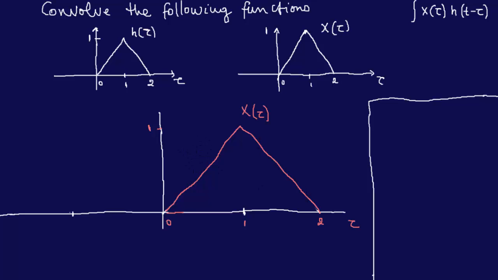Here it starts from the origin, so the equation of this line right here is just tau. We can put a tau here. The equation of this line over here is 2 minus tau.